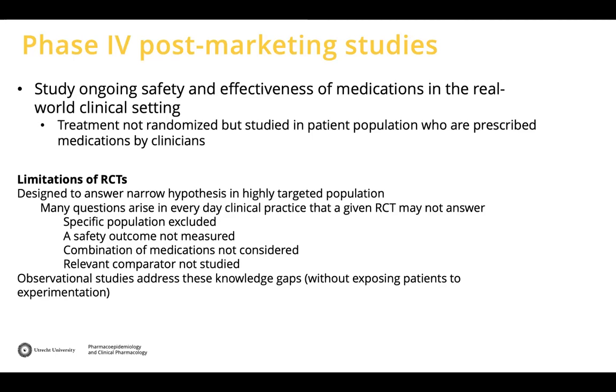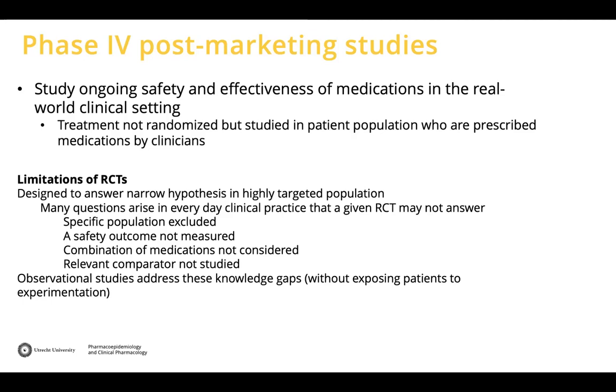And this is really important because previously we'd only studied the safety and efficacy of a medication within a clinical trial setting, which can be a little bit of a different situation than the real world setting, because in the real world, patients aren't randomized to a particular treatment. They're prescribed medications by clinicians based on their characteristics, and the patients who are in randomized clinical trials might differ a lot from patients who are treated with the drug in the real world clinical setting.